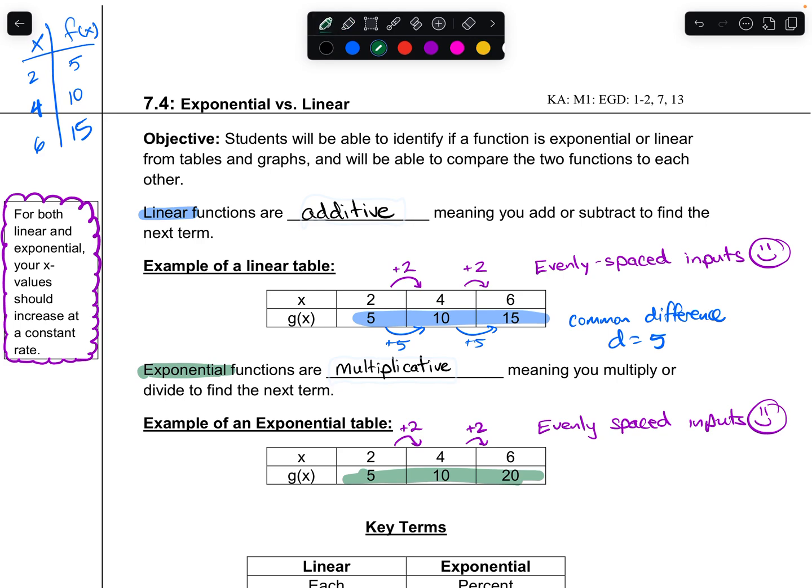And sure enough, I'm not adding 5 both times, I'm actually multiplying by 2 to get from 5 to 10 and then again from 10 to 20. So these outputs do form a geometric sequence. It has a common ratio. In this case, r is 2. We're multiplying by 2 each time to get from one output to the next.